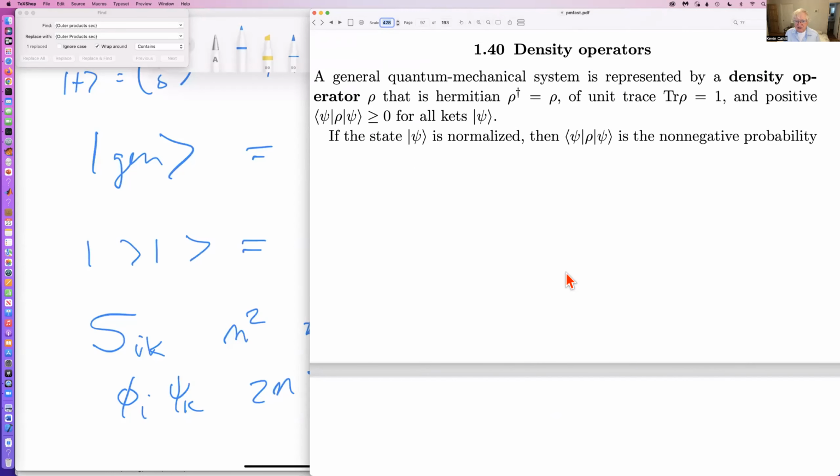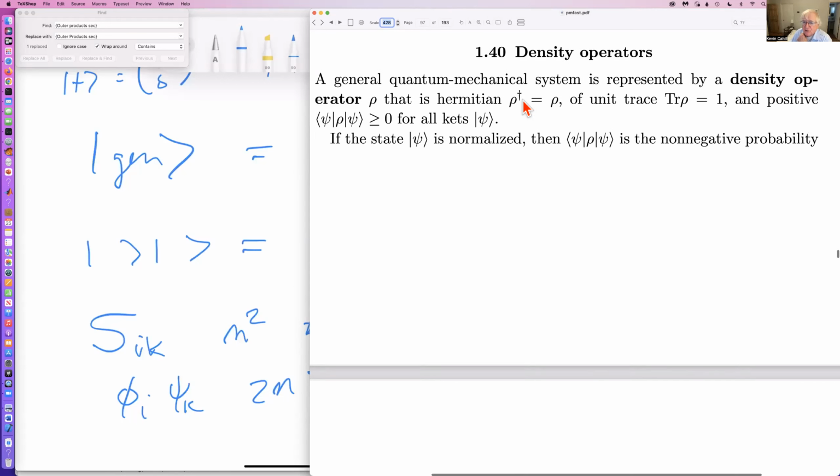Here's something about density operators. A general quantum mechanical system is represented not by a state, but by a density operator. And a density operator is Hermitian, of unit trace, and positive, or at least non-negative, in that the average value of the density operator in any ket is non-negative.